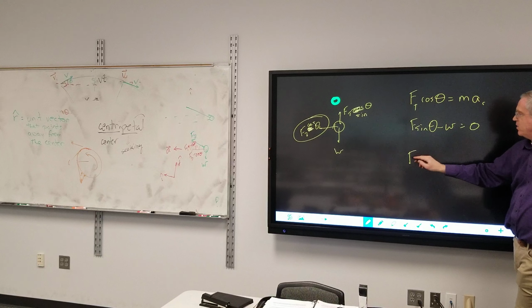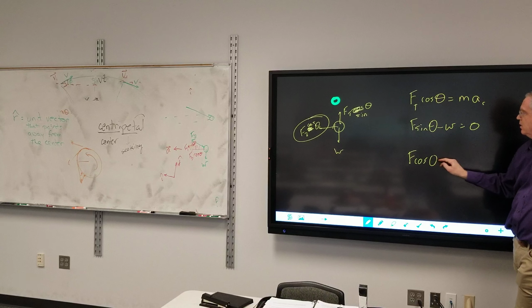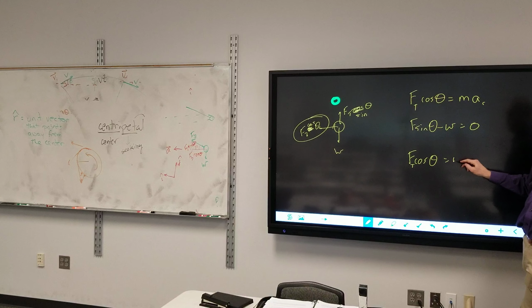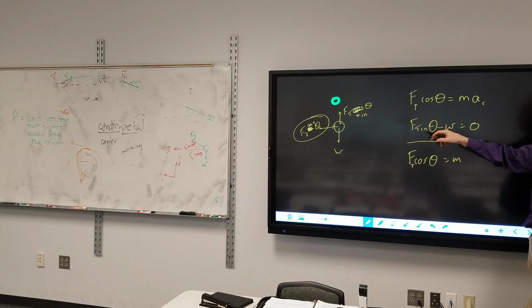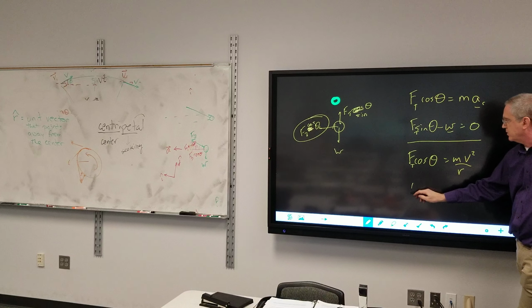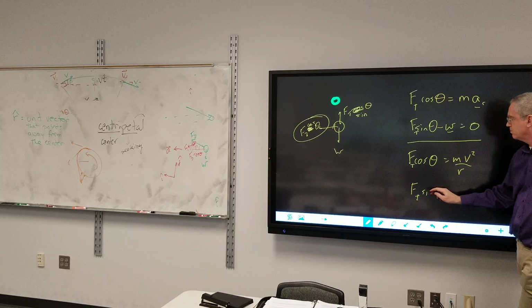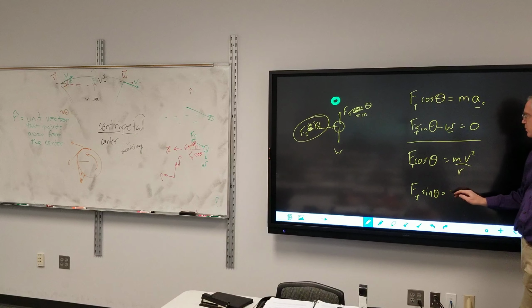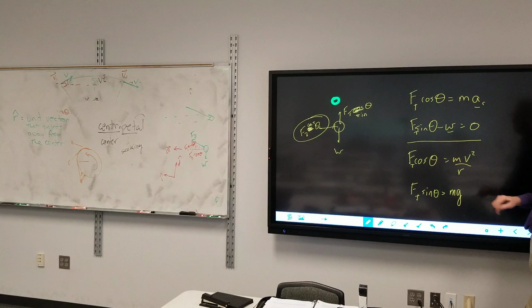And so I have F cosine theta equals m times, now the substitution phase, I don't have a formula for tension, I do have a formula for weight and centripetal acceleration. So this is v squared over r, and this is Ft sine theta is equal to mg.